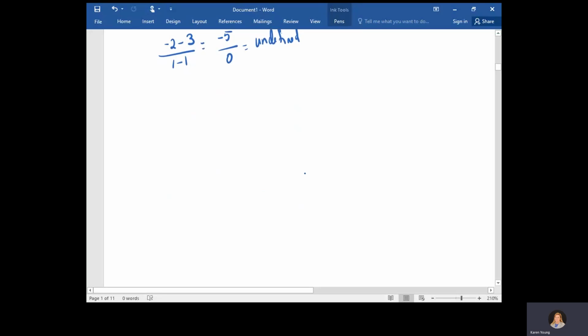Let's look at the slope. We talked about the slope-intercept form a minute ago. So once again, it's y equals mx plus b, and this is slope-intercept.